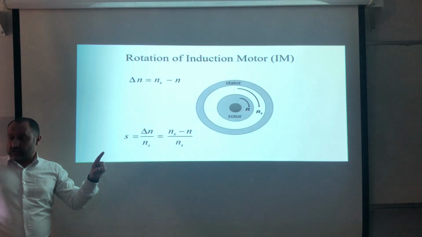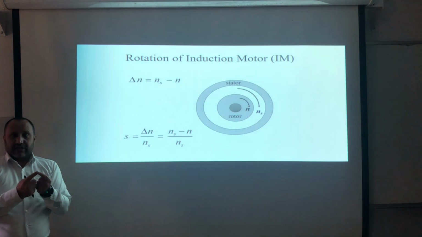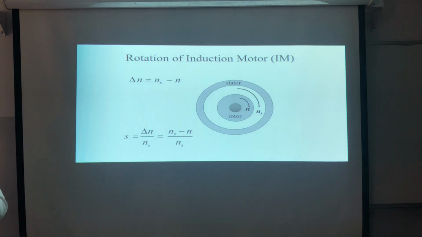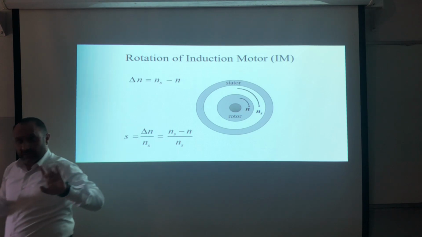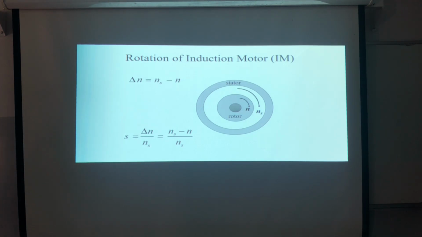Now, because the rotor is closed, either shorted as a squirrel cage, or I'm shorting the terminals if it's a wound rotor, the induced voltage will cause a current to flow. Now, that current will produce a flux. It will rotate with the main flux. By the way, it has the same speed. The flux in general has the same speed.